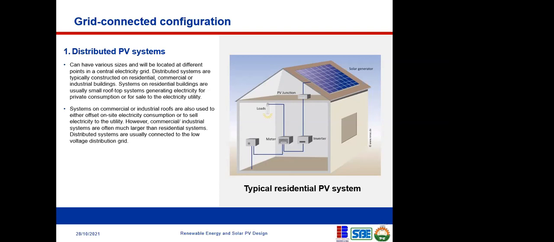That's just for some of us who are already in the power industry and understand the hierarchy of distribution voltages. I decided to make this elaboration based on the statement that distributed systems are usually connected to a low voltage distribution grid.